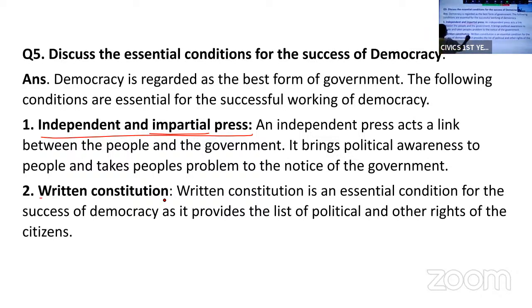The next is constitution should be written. So it is one of the essential conditions for the success of democracy. If our rights and duties are clearly mentioned in the constitution, we can enjoy our rights.